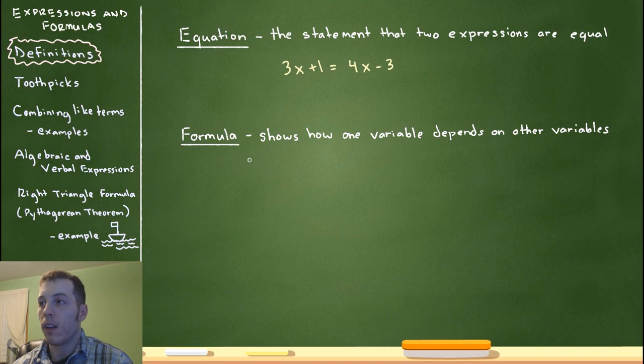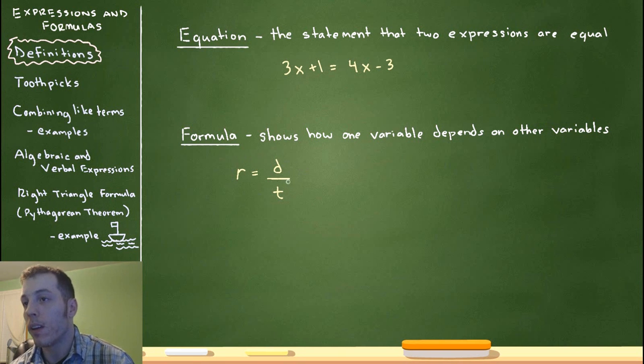So for example, one formula we've discussed in earlier videos was that rate is equal to distance over time, or average rate is equal to the distance traveled over the time it takes to travel that distance. So this is one particular formula.